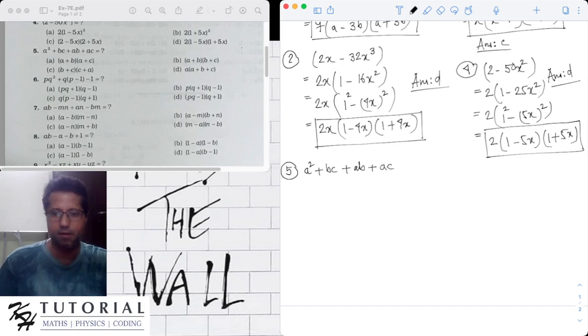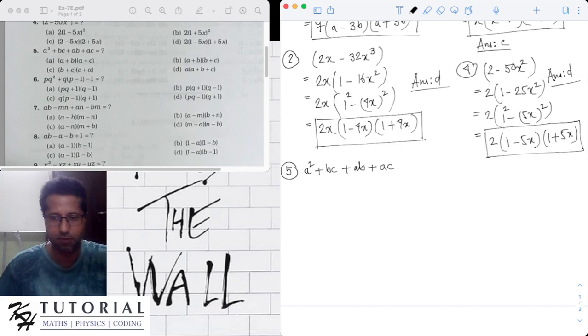Now clearly we can see that it is not of the form a square minus b square, neither is it of the form a square plus b square plus or minus twice ab. Also, there is no common factor in all the terms of the polynomial. So the option we can apply is grouping.